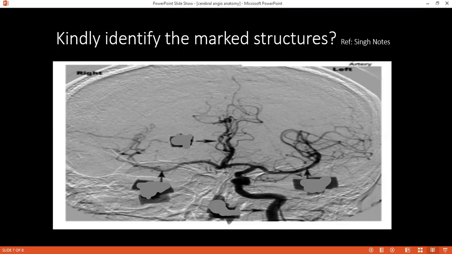Okay. So basically, the vertebral arteries, after entering, form the basilar artery, and this basilar artery gives rise to mainly anterior inferior cerebellar artery, labyrinthine arteries, pontine arteries, superior cerebellar artery, and posterior cerebral artery. So they supply the midbrain, pons, medulla, and the posterior occipital lobe.